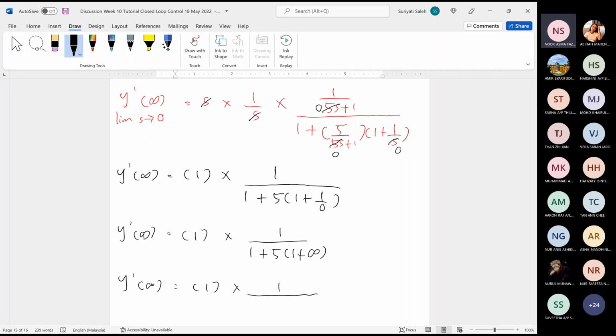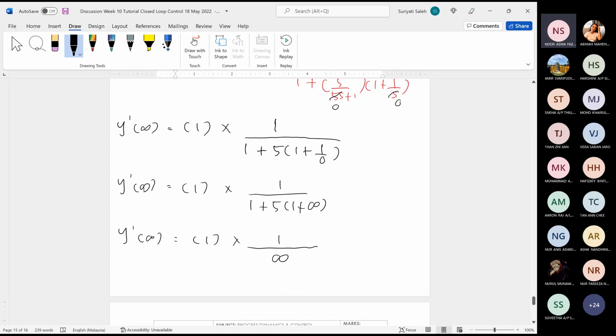Infinity multiplied by 5 is still infinity. So the denominator of this equation should be infinity. Since we consider infinity to be the largest number, whatever value you add or multiply with infinity, it becomes infinity. That's why the denominator becomes infinity.